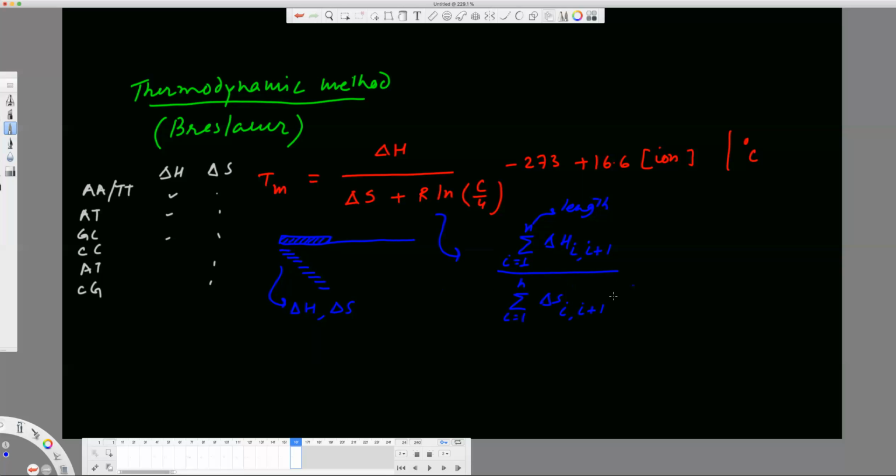And the rest of the equation remains the same. So if you have this table available with you, you can actually calculate the TM score, thermodynamic TM. So this is the way we calculate the TM of each primer.